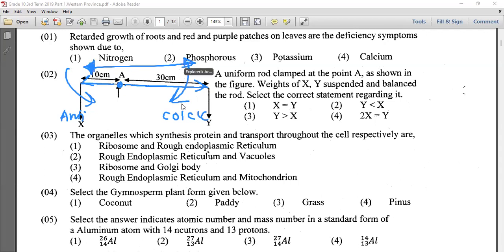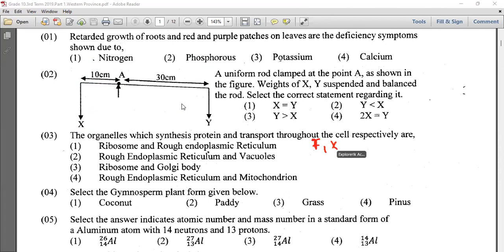So what would be true regarding X and Y if the object is at equilibrium? How should the X and Y weights be? To get an idea, you can simply go for this sort of expression. As we know, F1 into D1 is equal to F2 into D2.